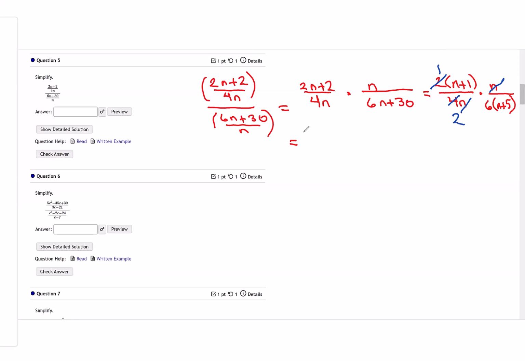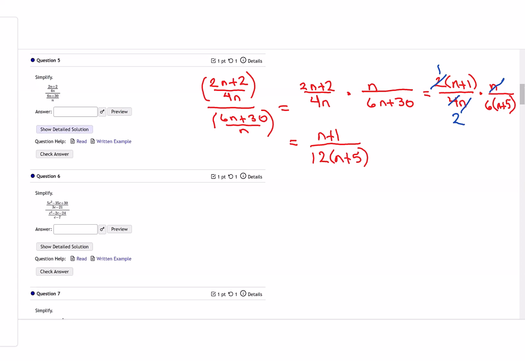And let's rewrite it and see what we have. In the numerator, I only have n plus 1 left. In the denominator, I have 2 times 6, which is 12, times n plus 5. And that is as simple as we can make it.